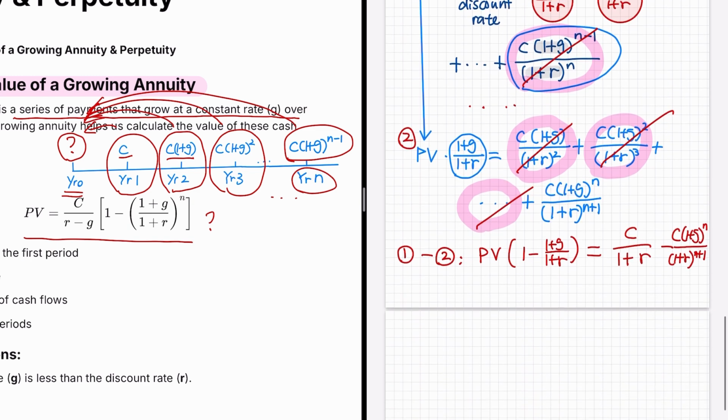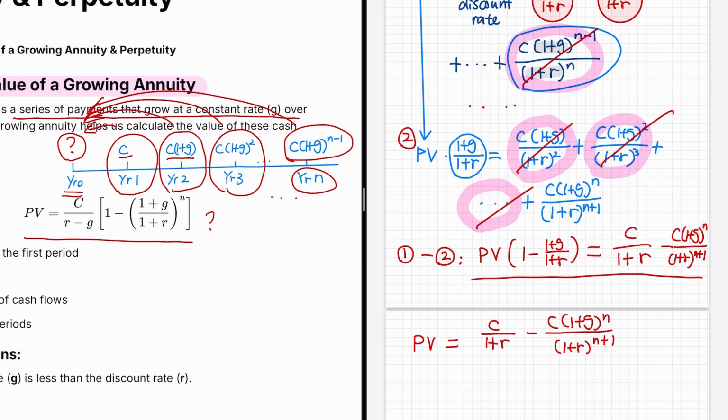And here we get a relatively simple formula. It's just PV is equal to C/(1+r) minus C(1+g)^n/(1+r)^(n+1), divided by 1 minus (1+g)/(1+r).